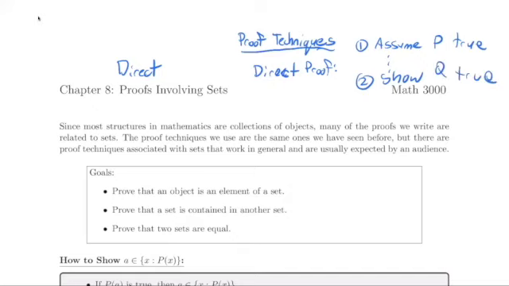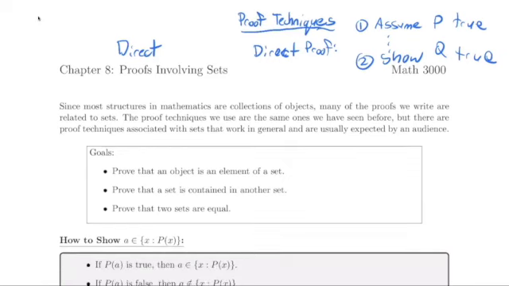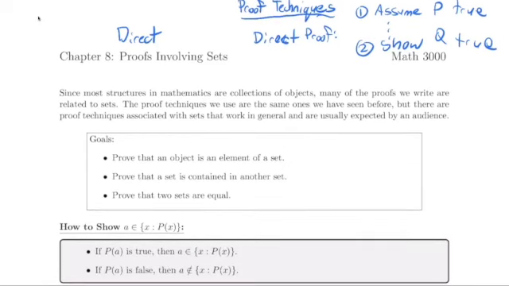We're going to assume P is true and then work to the conclusion. So that's the technique we're going to apply today. In addition to that, we'll learn some very particular proofs with sets. One of them is going to be, how do I show that something is an element of a set? So here's another proof technique.